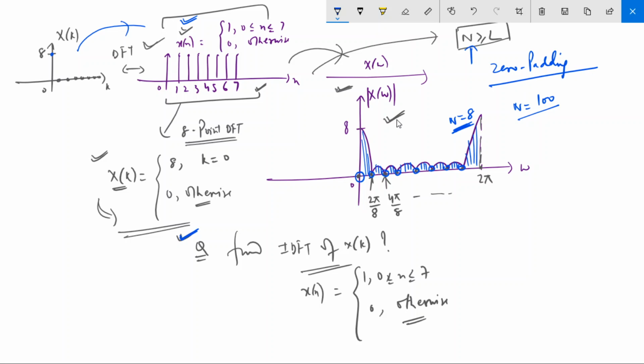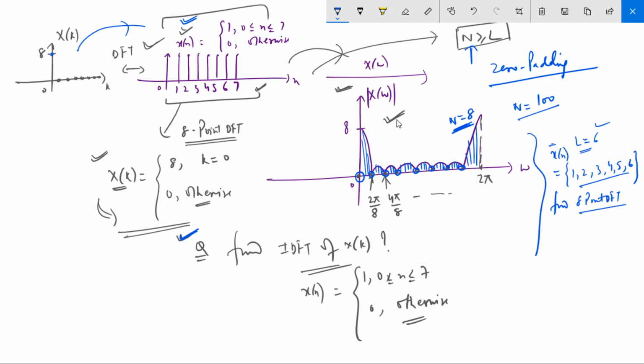Zero padding means if your sequence has only 6 samples, suppose I take a sequence 1 2 3 4 5 6, and the question is to find the 8-point DFT of this sequence. The length of the signal is 6, L is 6, I can find its 6-point DFT, no doubt.